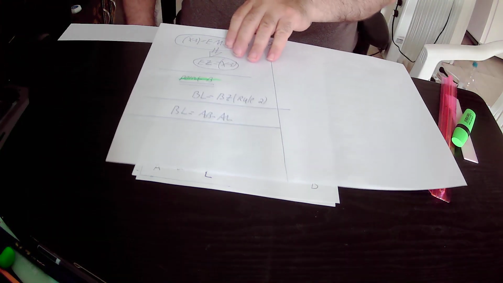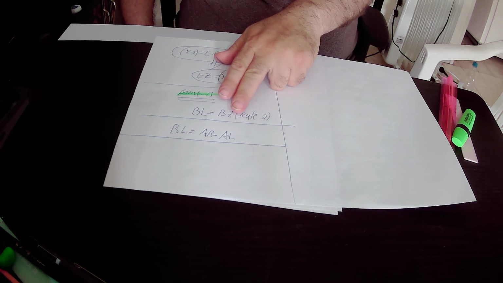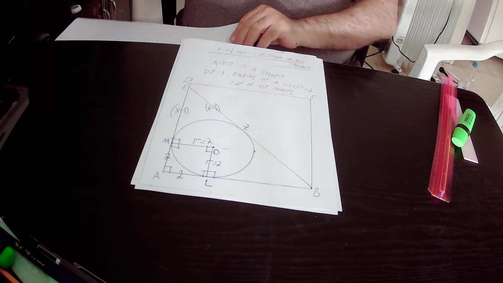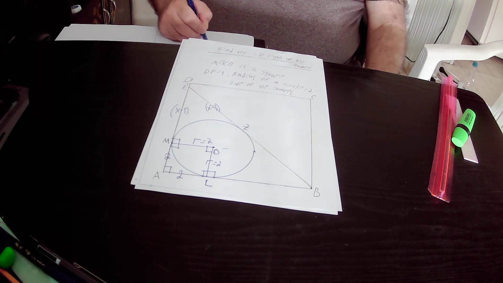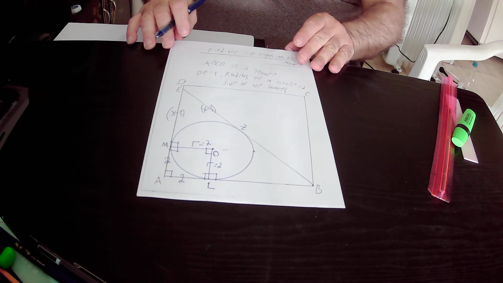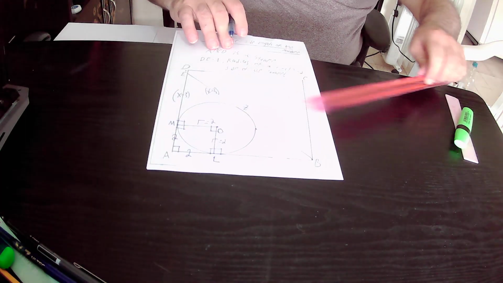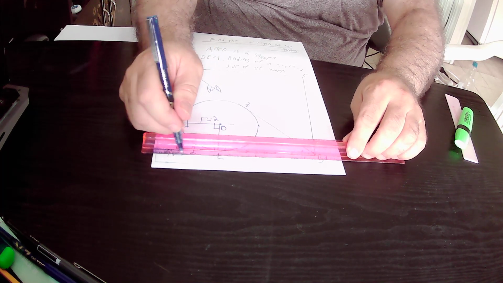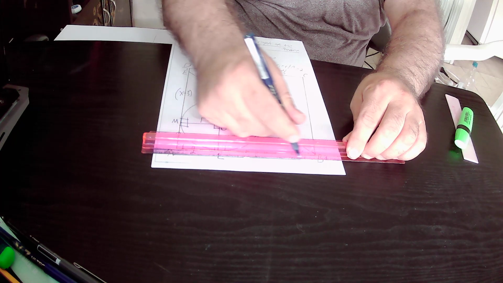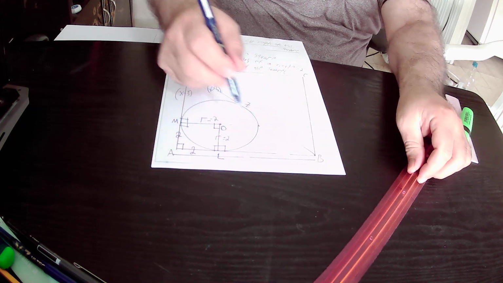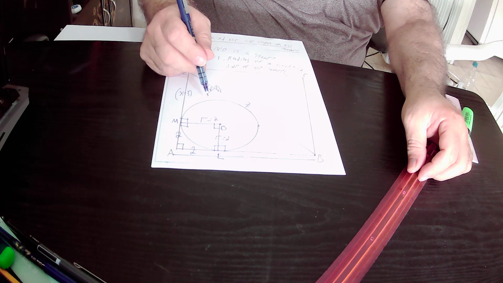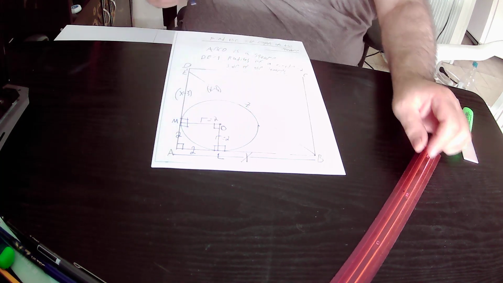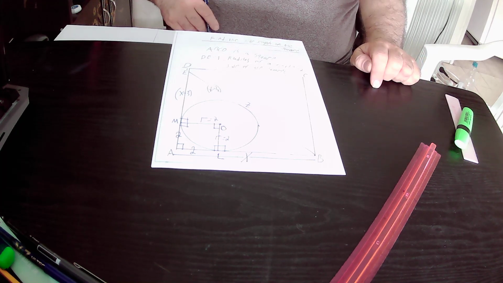Here AB is the side length of square ABCD, and according to our definition it is equal to x.